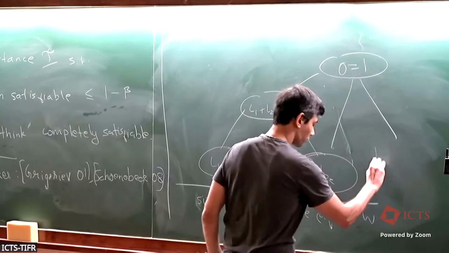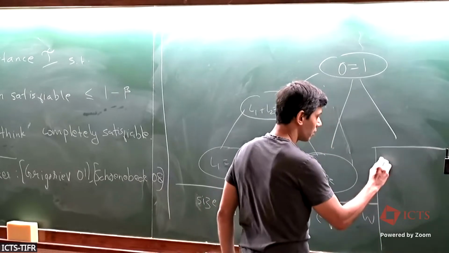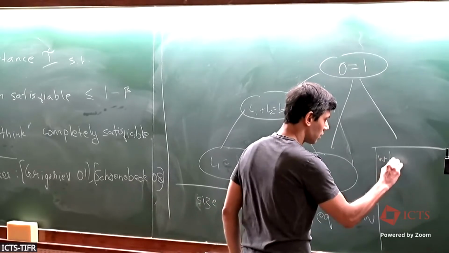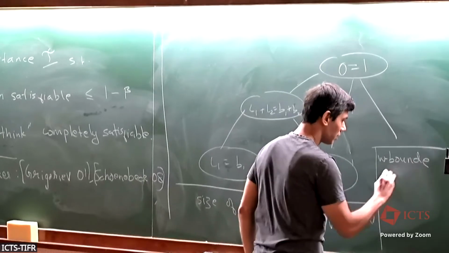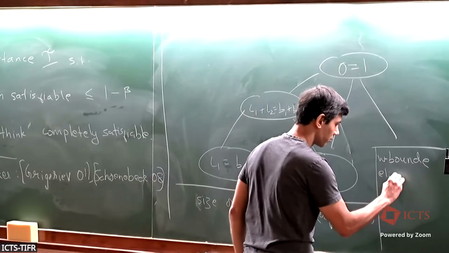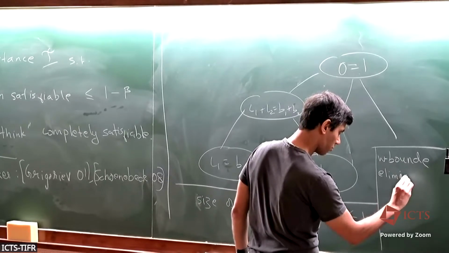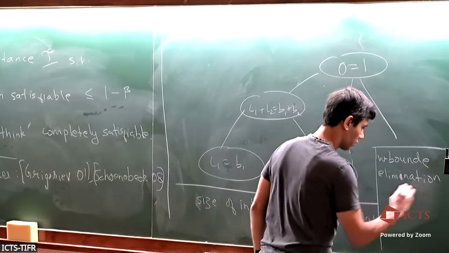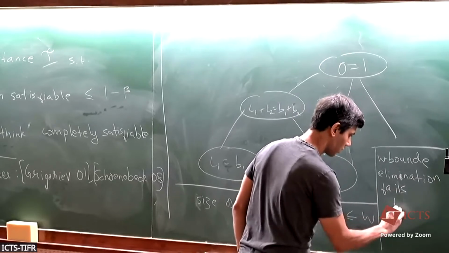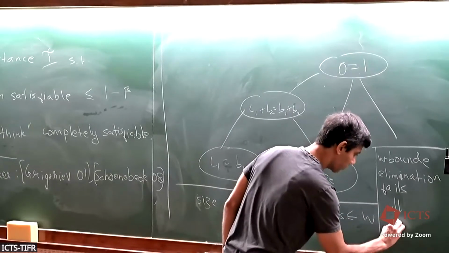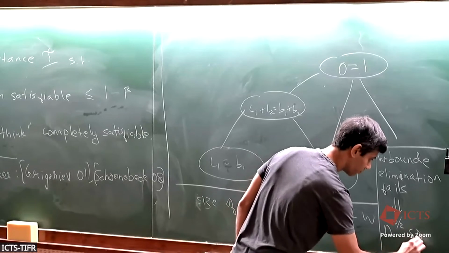So if W-bounded Gaussian elimination fails, it implies that n to the W over 2 time SDP fails.